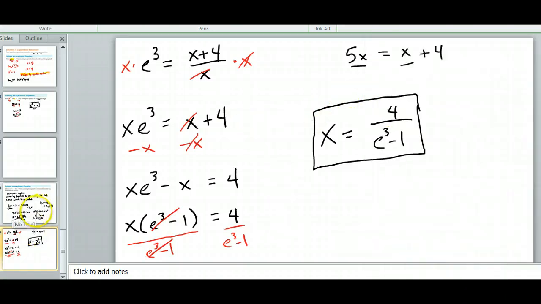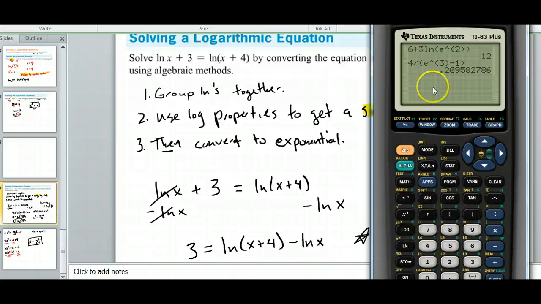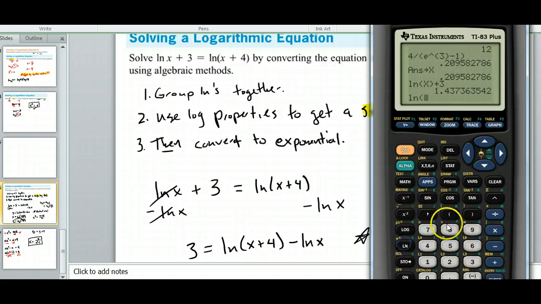Well, according to the original equation, if I store this answer as x, and then I just rewrite my original equation, the natural log of x plus 3, there's my left side, is that equal to the natural log of, oops, already gave me a parenthesis, x plus 4? Hit enter. The decimals match, so that means that this is our solution.